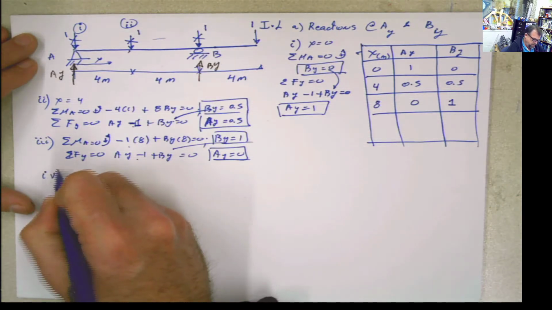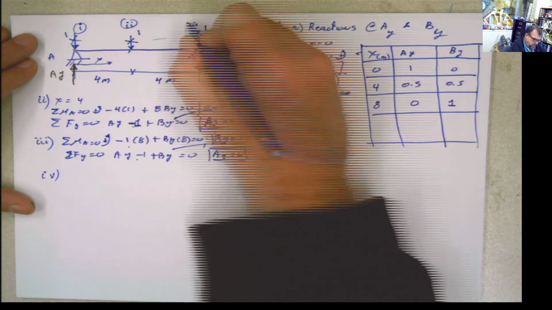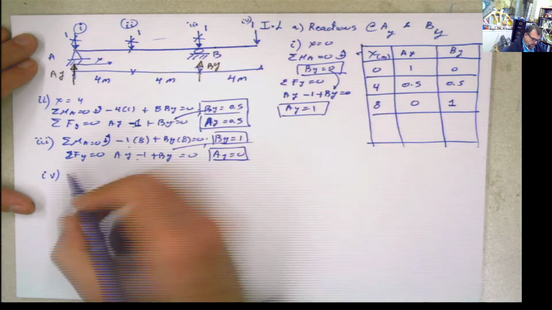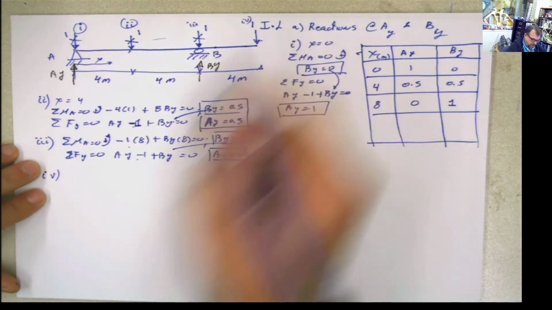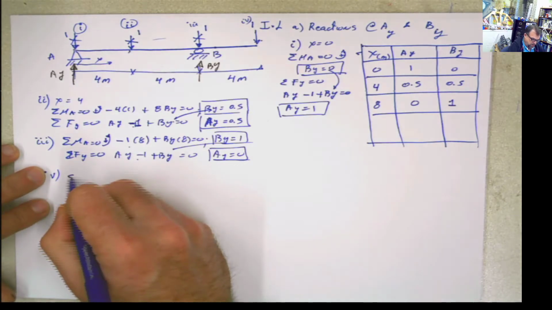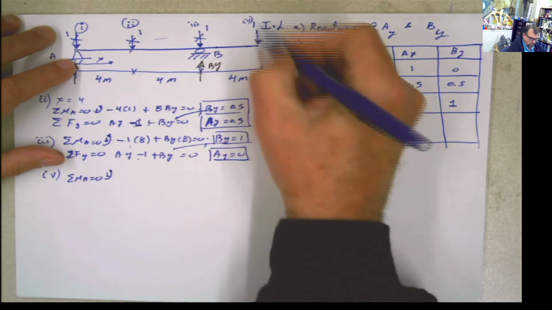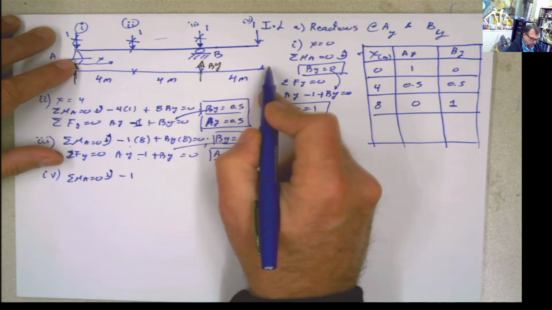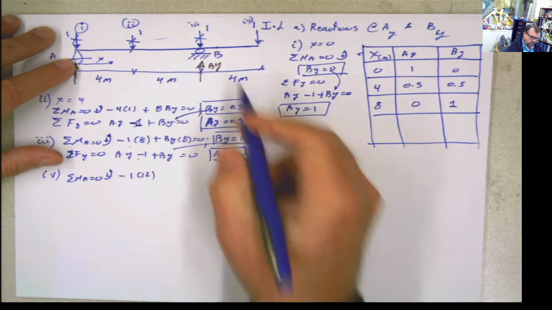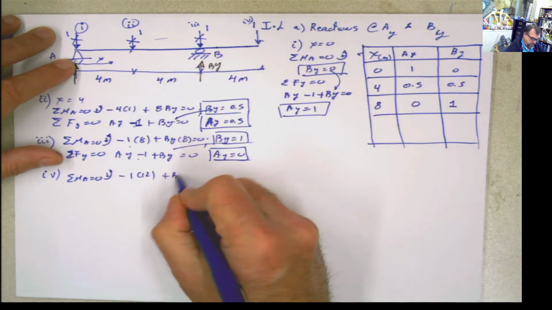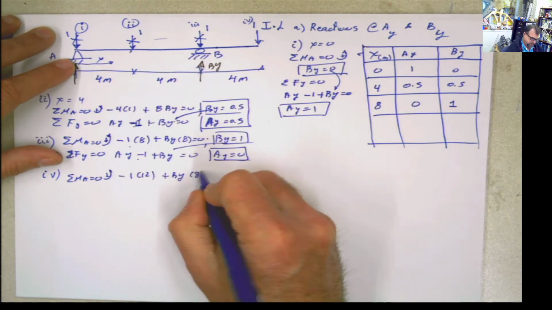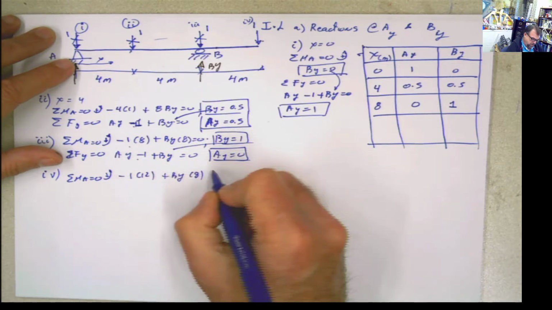So this will be number 4, and for number 4 the load is going to be applied there. We do the same thing, summation of moments at A equals 0, and then you have 1, negative 1 times 12 plus By times 8 equals 0.